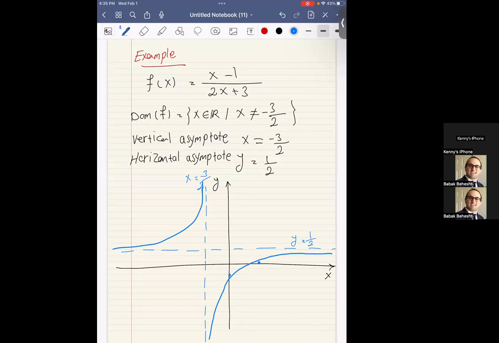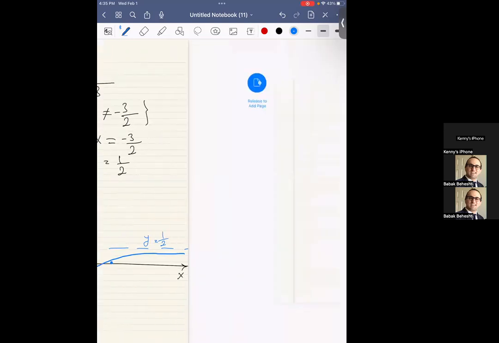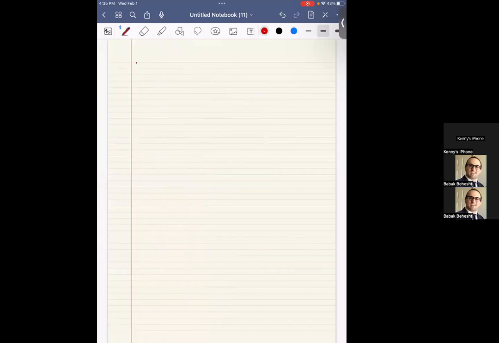Okay. So for next time, I want you to draw. I give you some homework. This is your homework. The first question: question 1, find the domain of each function.